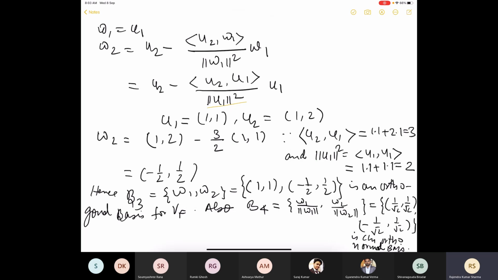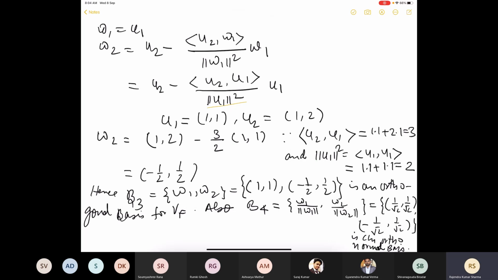So taking W1 as U1 and W2 as U2 minus the inner product of U2 and W1 divided by the norm of W1 squared, times W1, and if you substitute for these vectors, then W2 turns out to be (minus half, half). Now it is easy to check that W1 and W2 are orthogonal because their inner product is 0. So this set B3, which consists of W1 and W2, namely (1, 1) and (minus 1, 1), is an orthogonal basis for V over F.